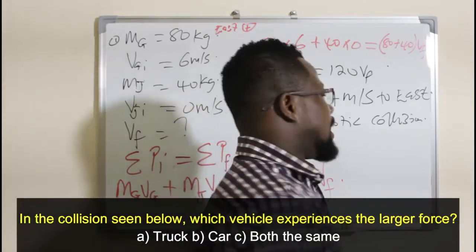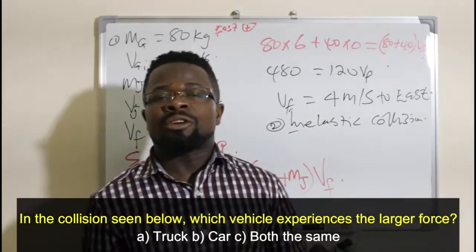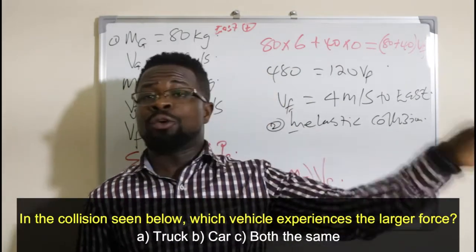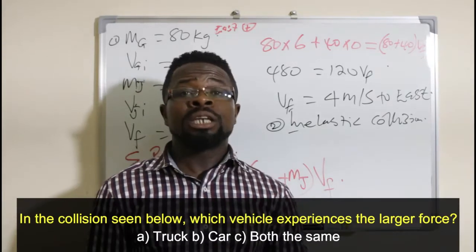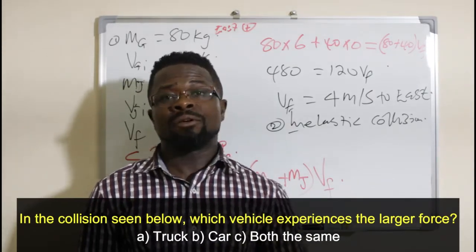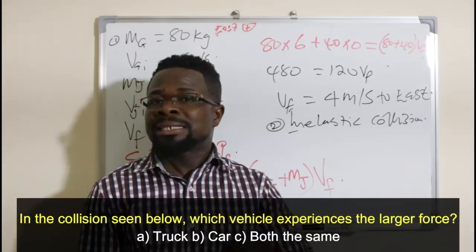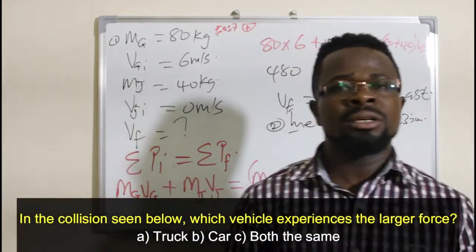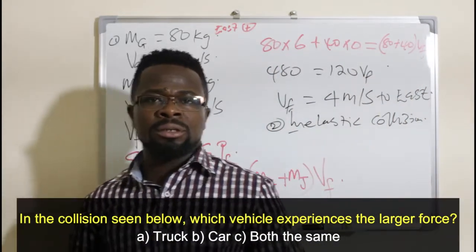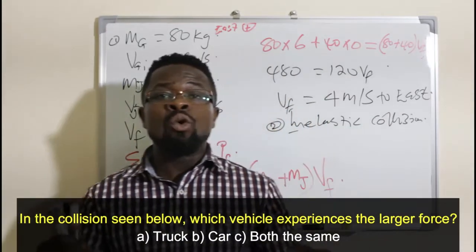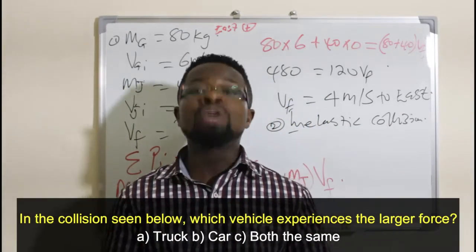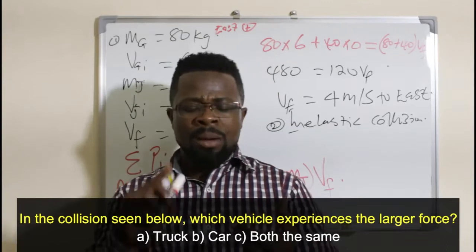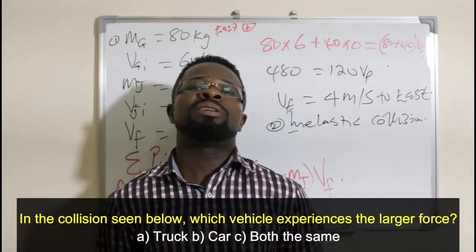Well, we have a car and a truck coming together and colliding. From a layman's point of view, straight away, the layman is going to tell you that the truck is going to have a larger force. But the truth of the matter is that the truck is not going to have a larger force, neither is the car. They are going to have equal forces. The magnitude of their forces is equal, but the direction of their forces is going to be different.